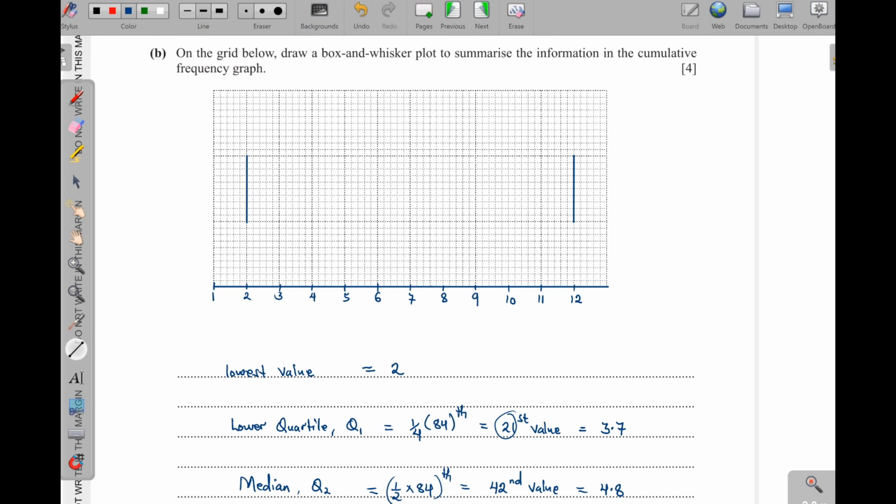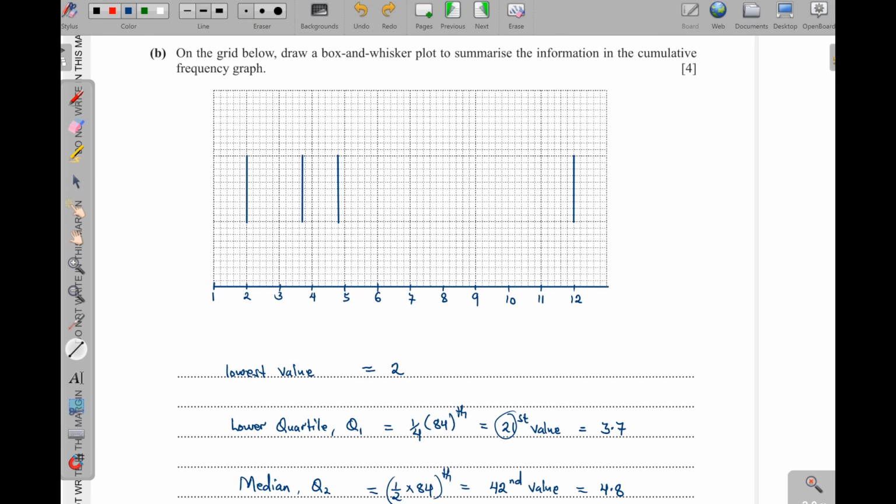Then after that, we have our median, which is 4.8. So we go 4 small boxes above 4, or on the right of the 4. That is the median. And then we have the lower quartile as 3.7. So I have to go 3, that will be 3.6, then in the middle.